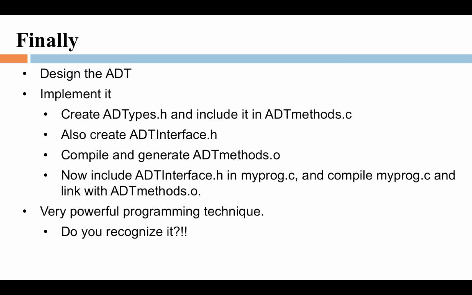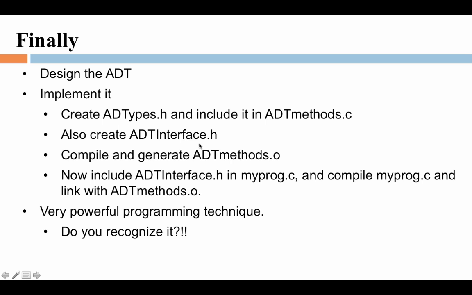Let us just summarize what we have done. You design the abstract data type. That is what we did in the first part of today's lecture. Then we went ahead and implemented this. How did we implement it? We created the ADTypes.h and included it in ADT_methods.c. We also created an ADT_interface.h.